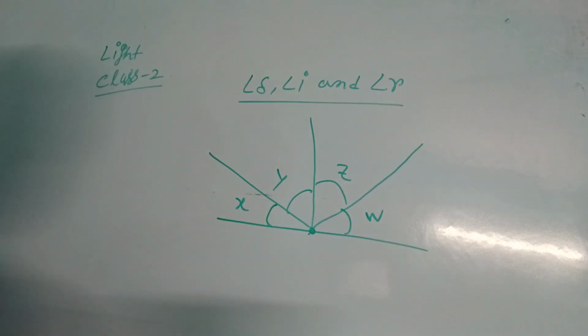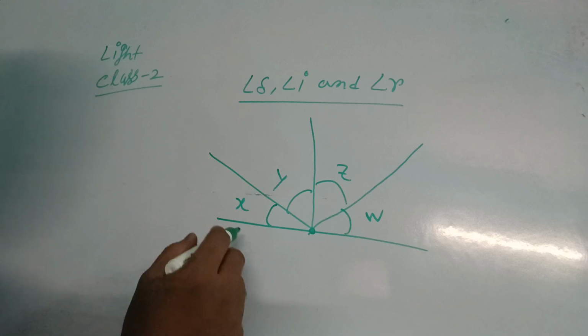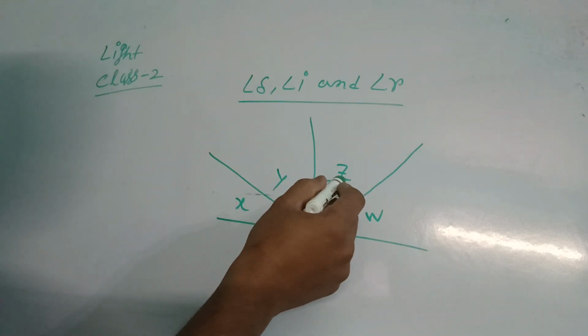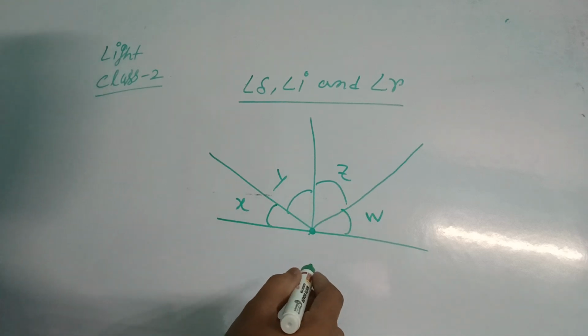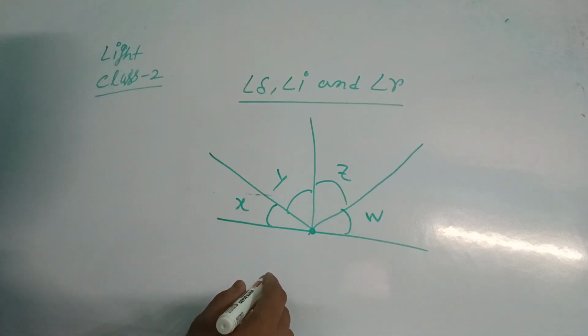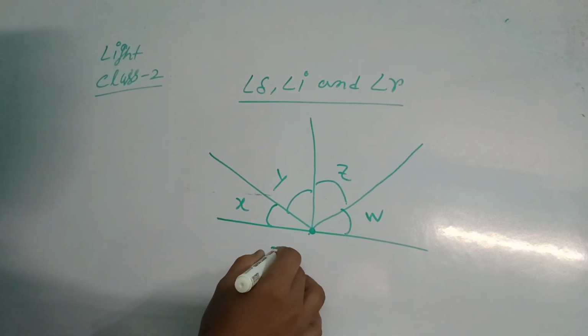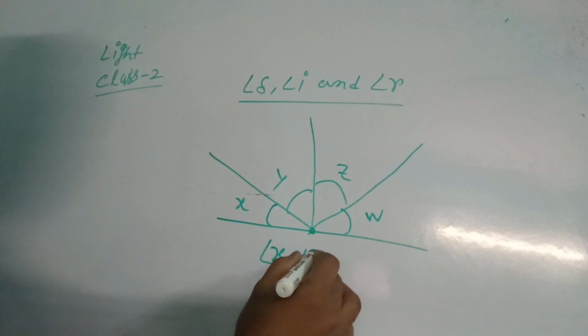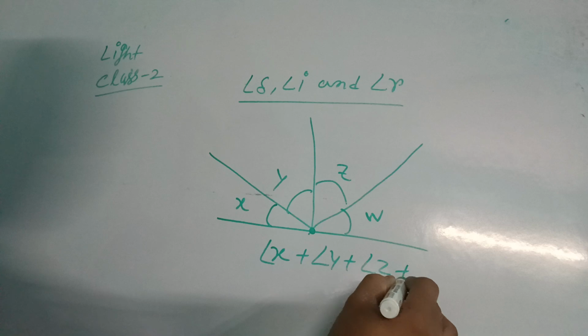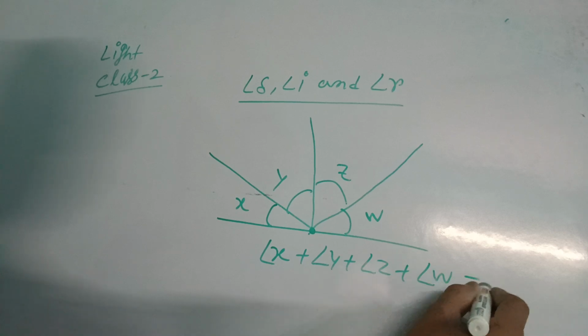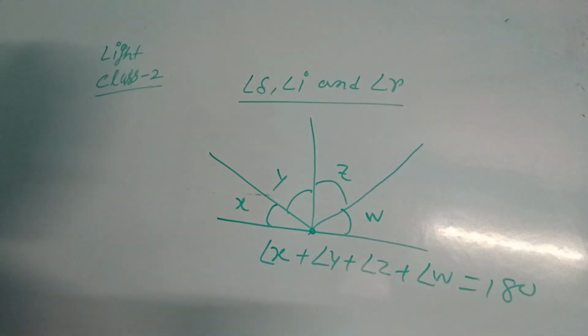If this is x, y, z, w, then we can write that the sum of all the angles is equal to 180 degrees. So angle x plus angle y plus angle z plus angle w is equal to 180 degrees.